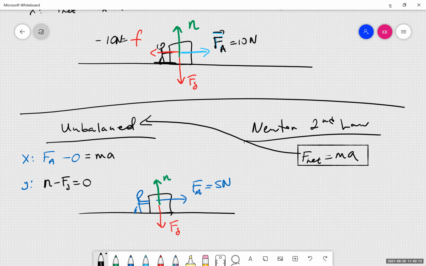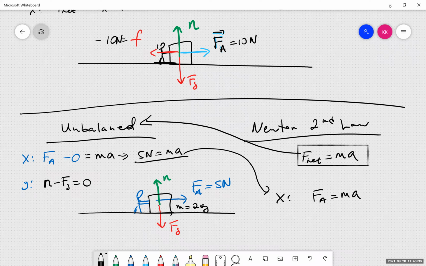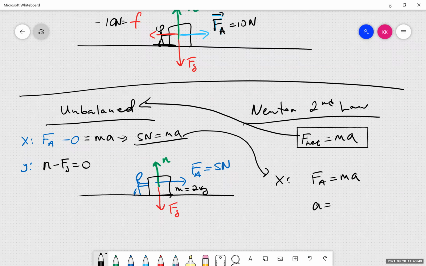So 5 newtons equals mass times acceleration. If I know the mass of the object to be, say, 2 kilograms, then I can solve for acceleration. In the x direction, applied force equals mass times acceleration, and this equation itself is known as Newton's second law. Then acceleration, dividing both sides by mass, is force over mass.